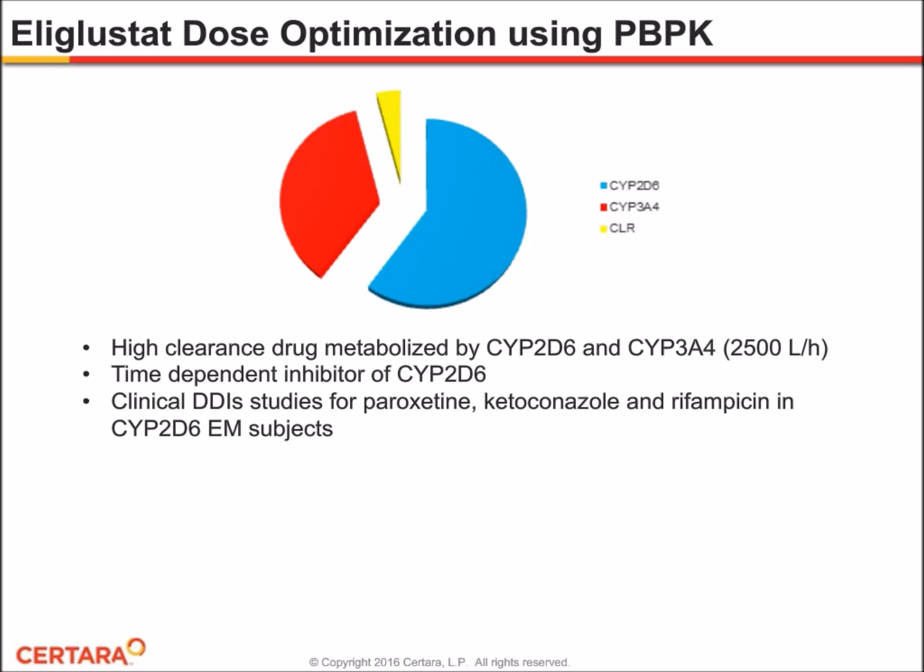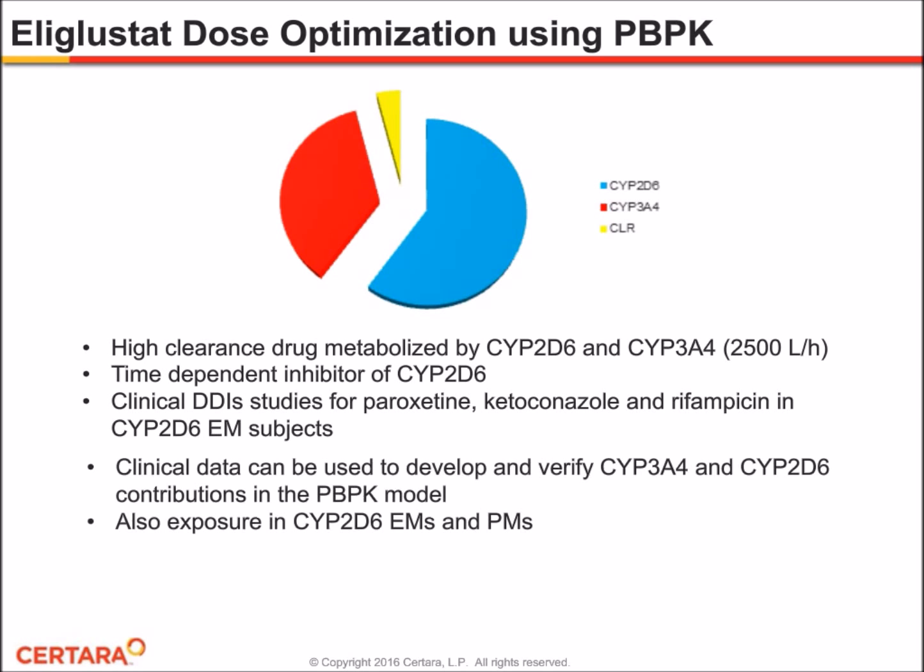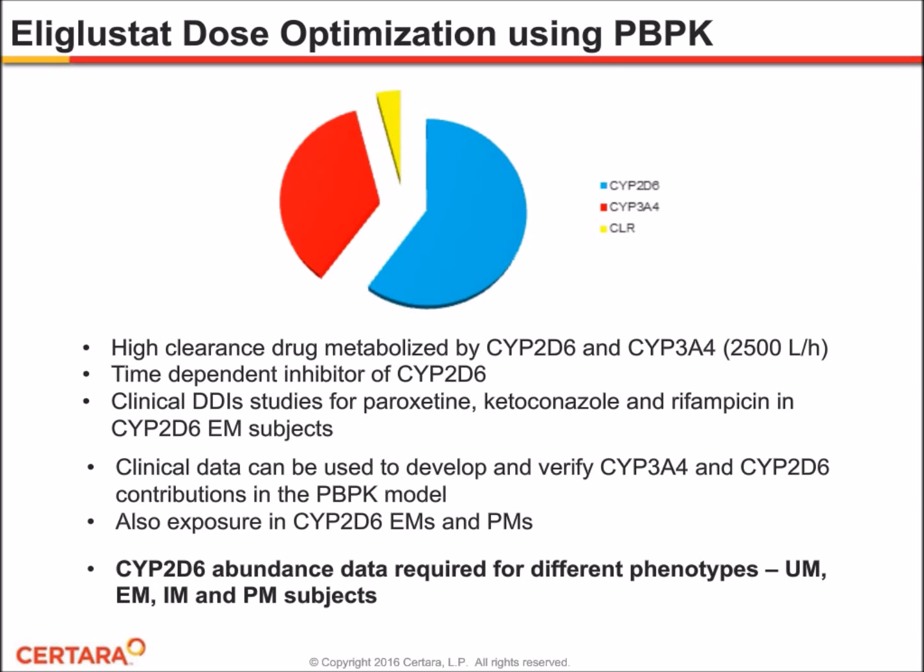So needless to say, eliglustat is a substrate for 2D6 and 3A4, and basically what you're looking at is that you need to monitor the exposure of eliglustat in CYP2D6 EMs and PMs. And if you look at the labeling information, or the ClinPharm review from the FDA, you will see mentions of PBPK simulations which were used for dosing recommendations.